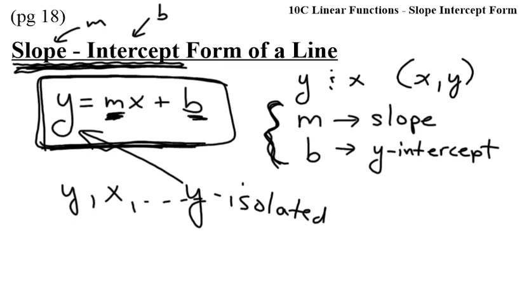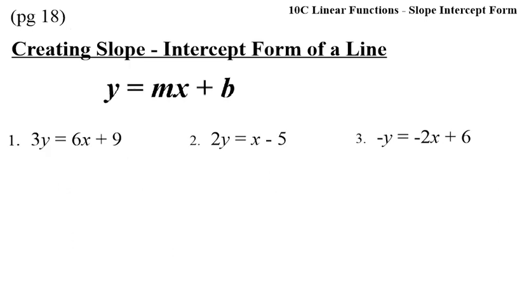So the first thing we need to do is practice. If we look at the bottom of this page, being able to practice isolating the y. Now, to isolate a y, we use algebra steps. We need to essentially, just like we do in algebra, get rid of everything so y is by itself.